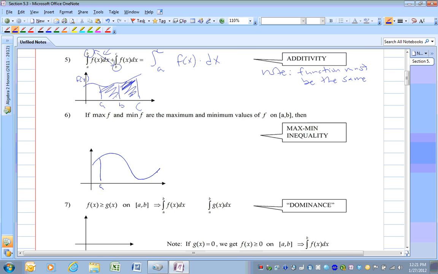Say B comes down to there. So clearly that'd be my min. And up here would be my max.